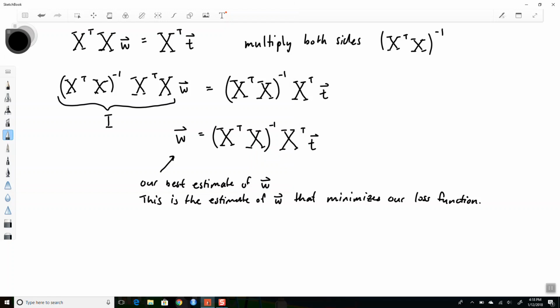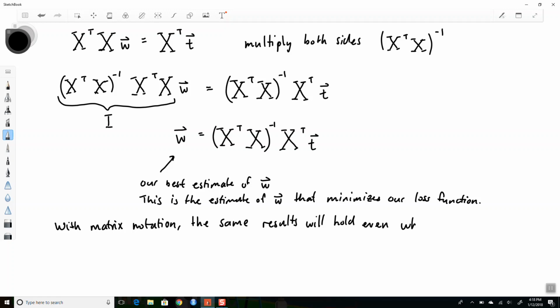So with matrix notation, the same results will hold even when the vector w has a length much greater than 2.